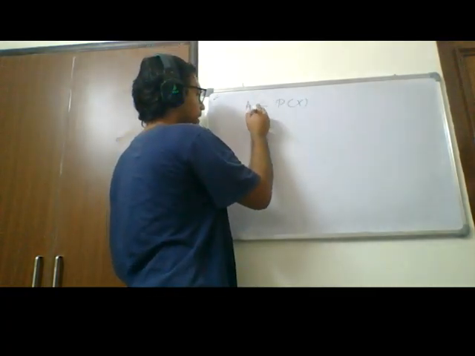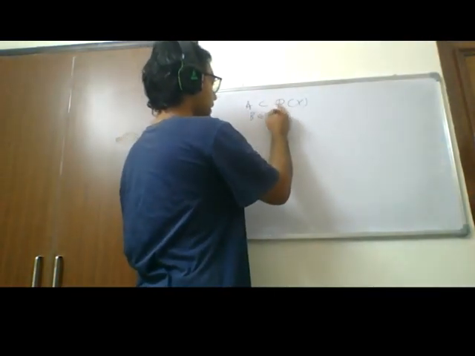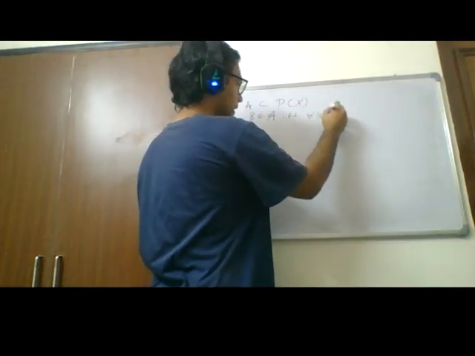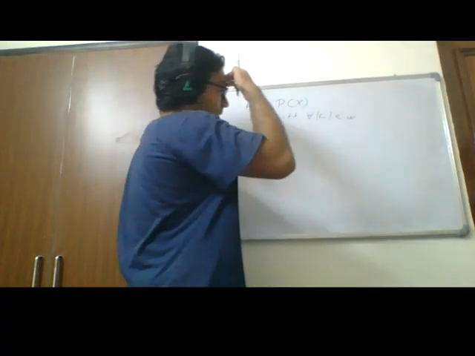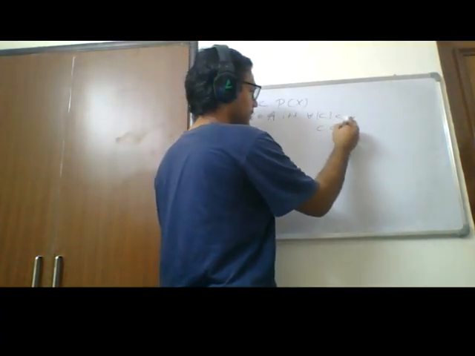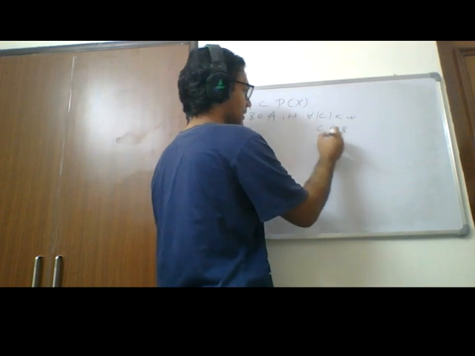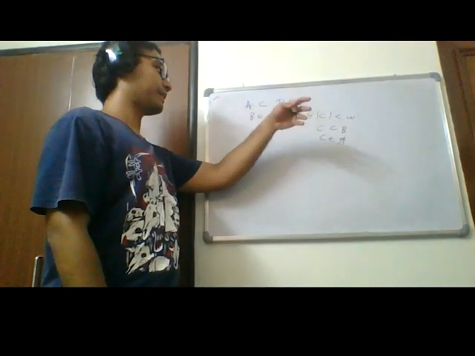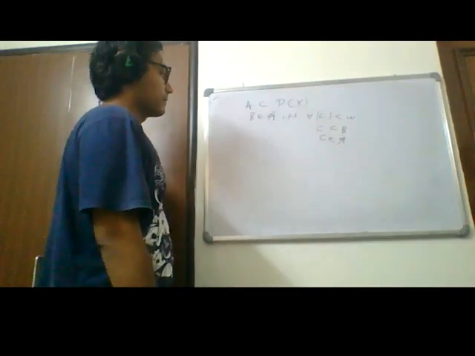And B belongs to A if and only if for all C which is finite and C is a subset of B, C is in A, right? So all finite subsets of B belong in A.